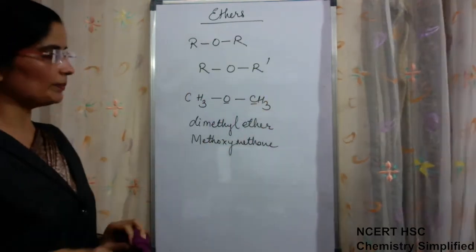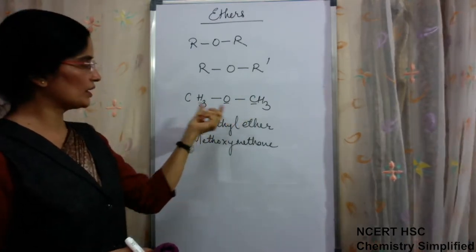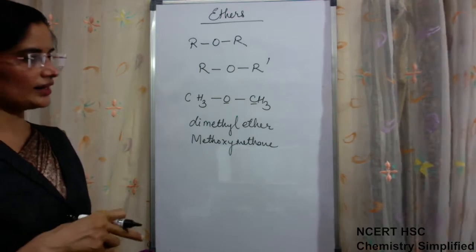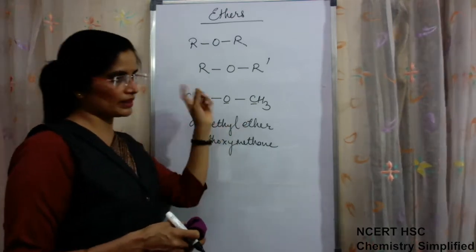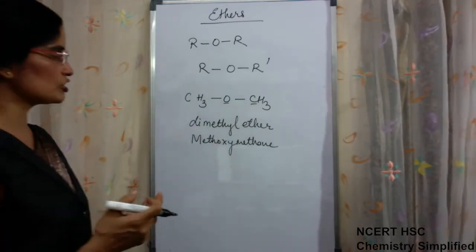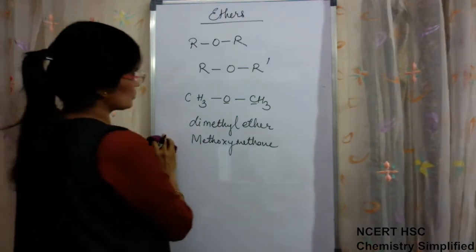Here there is a little polarity, but it is less than haloalkanes because halogen and carbon have a much bigger difference in electronegativity. So the bond is polar but less than haloalkanes and also less than alcohol. Okay, so this is one example of naming.